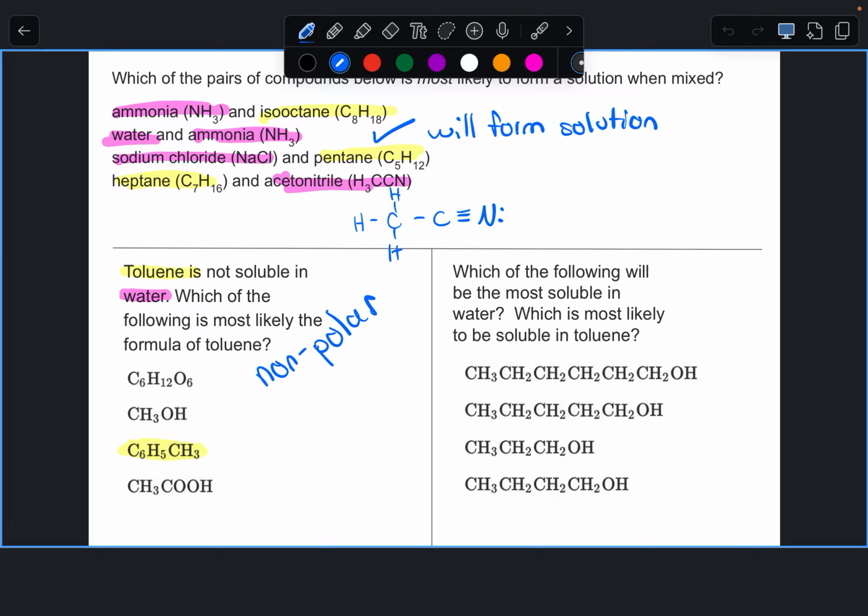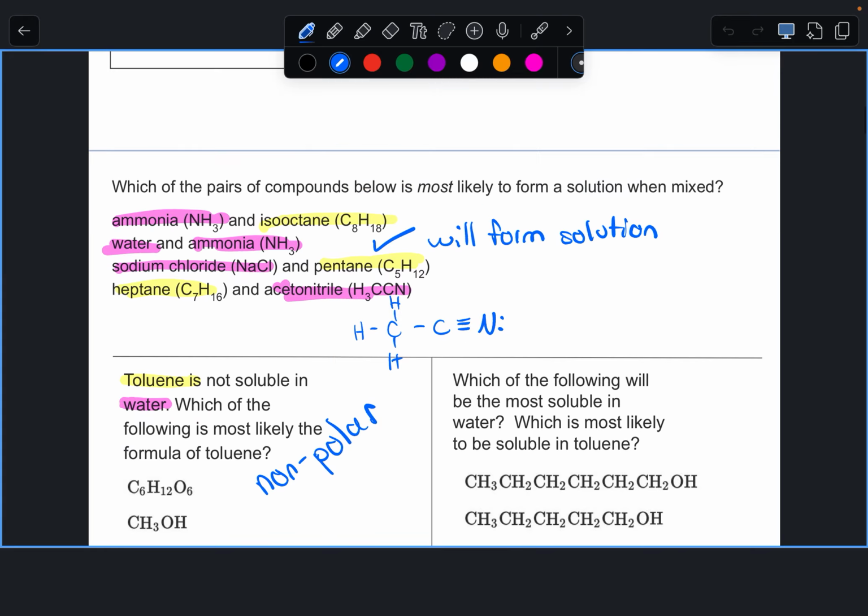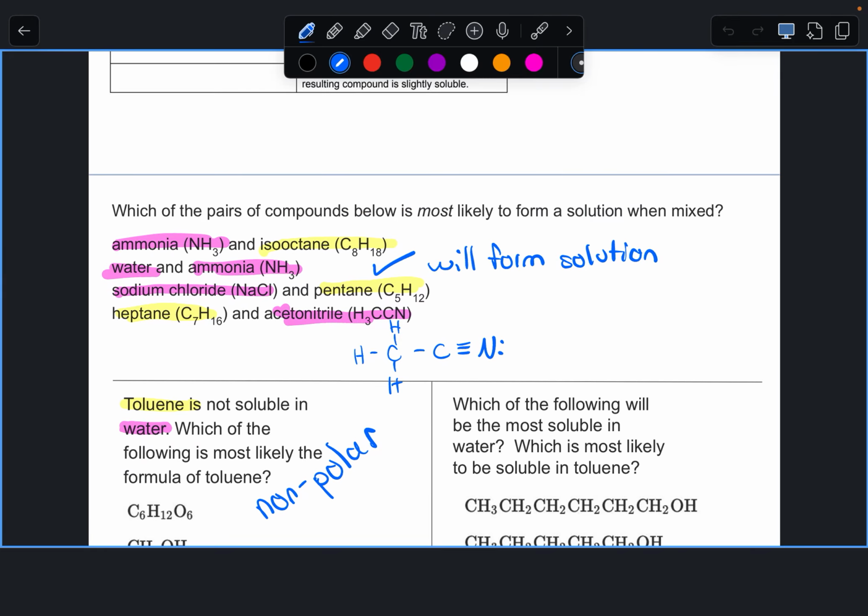So we're kind of going more away from simple molecules that we would draw Lewis structures of and more towards carbon-based molecules. That shouldn't necessarily be more difficult because a lot of these carbon-based molecules behave really typically.